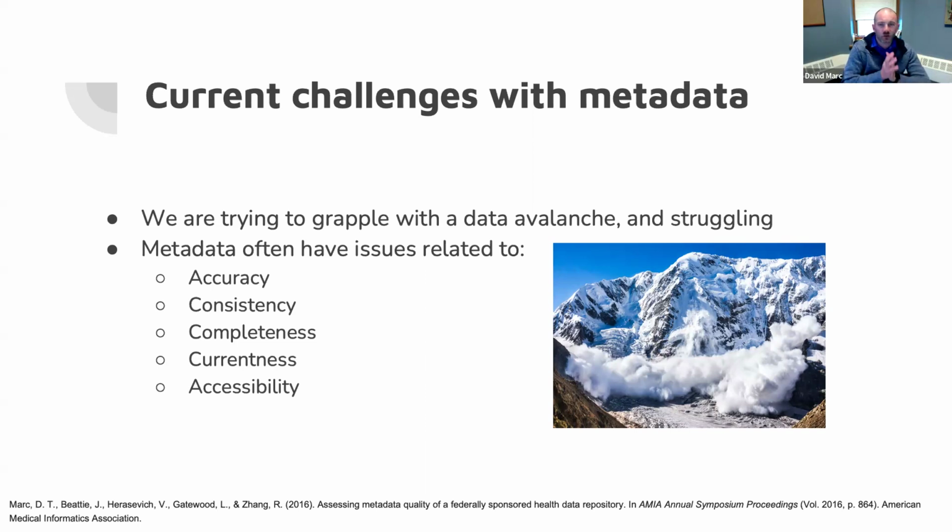So partly, you're trying to grapple with this data avalanche of all of this data that's out there, and we're struggling. We're struggling because the metadata is often fraught with issues related to accuracy, where the metadata being published on these websites isn't fully representative of the actual data set they're trying to share and disseminate. And there's a lack of consistency.